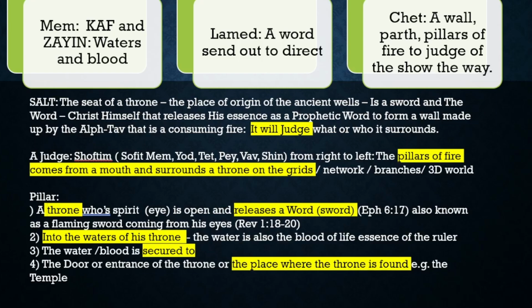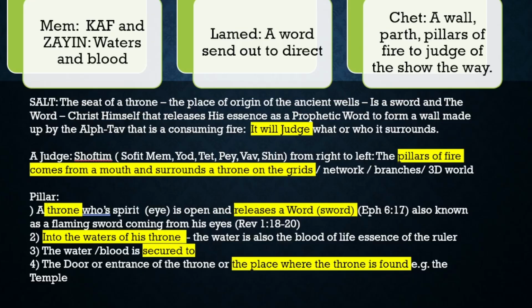So throwing that salt over the city means it was judged by Yahweh, being the enemy of Israel. So that's how God dealt with Israel's enemies.